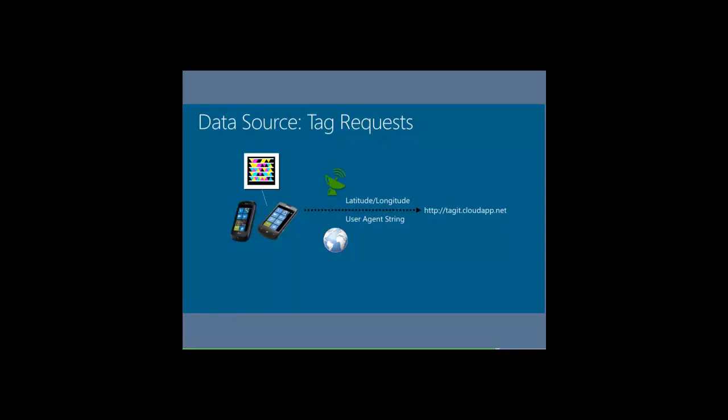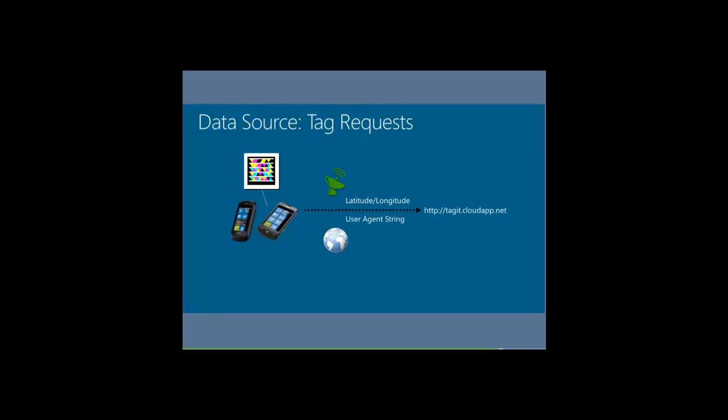If the location is enabled in the Windows Phone specifically, that's I think a Windows Phone feature, then as part of the URI, as a get string, with the question mark and then the key value pairs, the location, latitude and longitude, are also included. What is also included with any HTTP request, naturally, by definition, is the user agent string, which is a fairly convoluted string, actually.